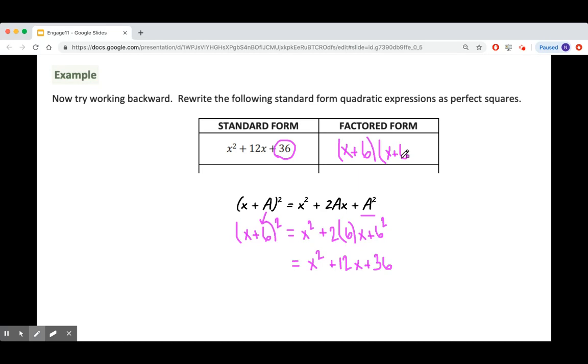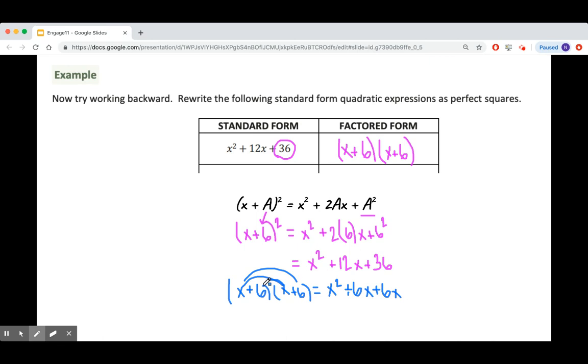Now, if I wanted to check my work in another way, I could always factor my expression and simply multiply. x times x equals x squared. x times 6 is 6x. x times 6 again, we're going to add another 6x.